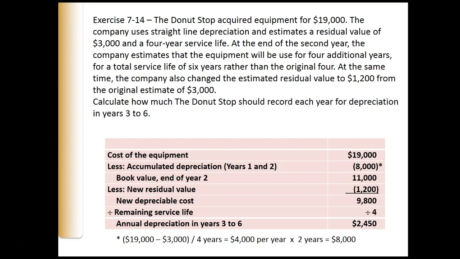At the same time, the company also changed the estimated residual value to $1,200 from the original estimate of $3,000. Calculate how much the donut shop would record each year for depreciation in years 3 through 6.